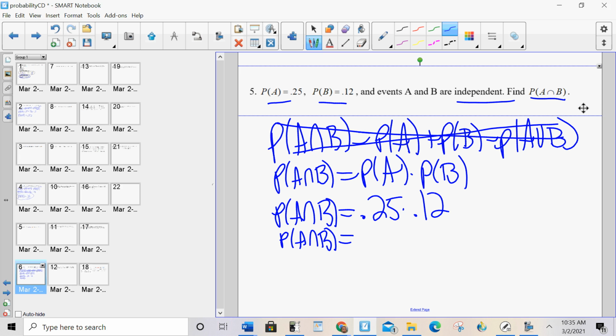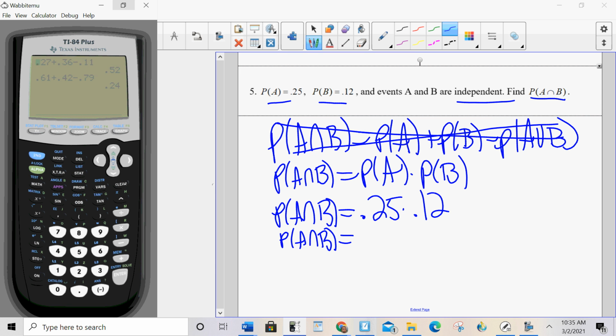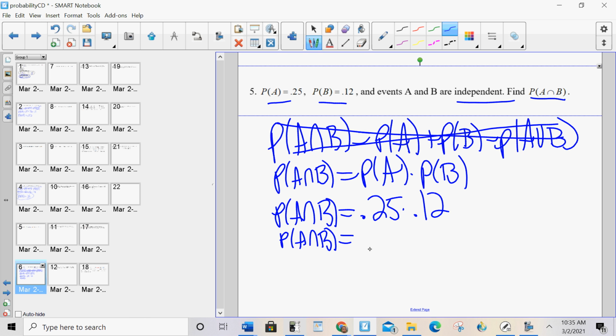So I go to my calculator, I do 0.25 times 0.12, and I get 0.03.